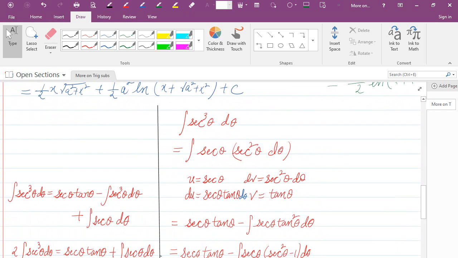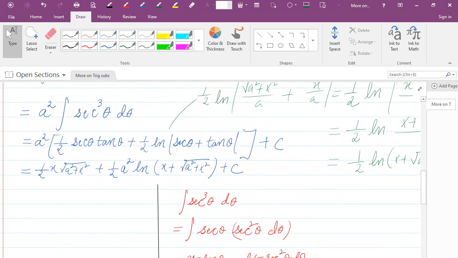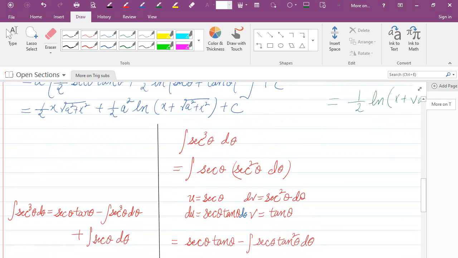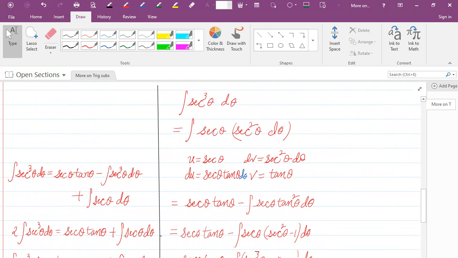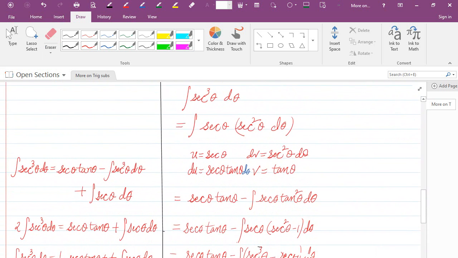Okay, so let me now go ahead and show you how the integral of secant cubed is given by this. It's going to be a bit of work because it's going to involve integration by parts. So the first thing we need to do is rewrite secant cubed of theta.